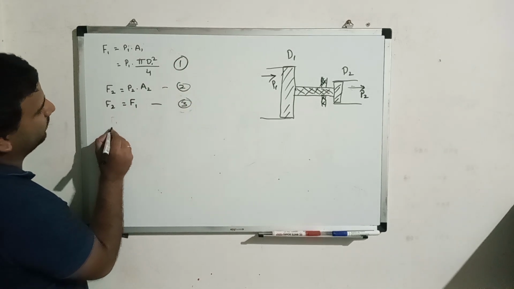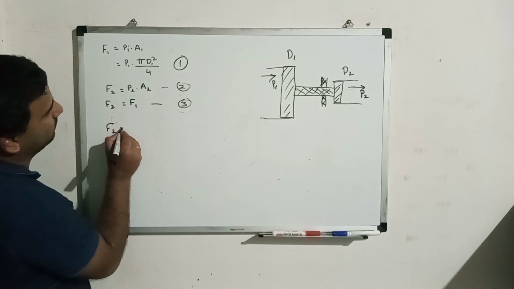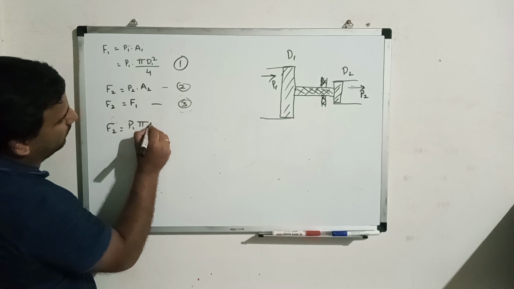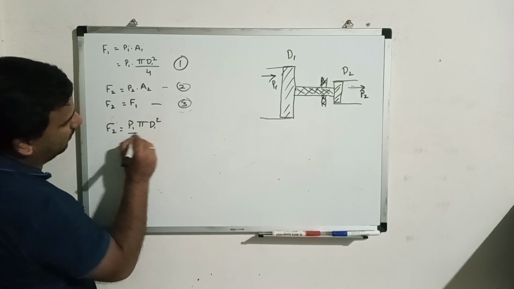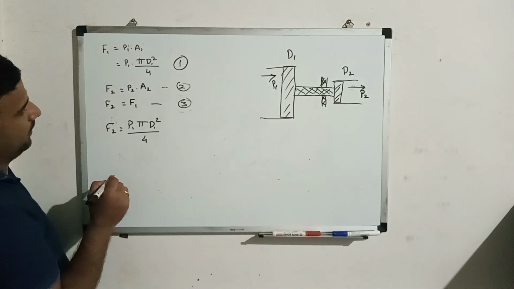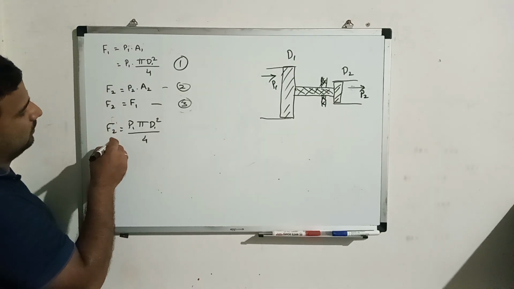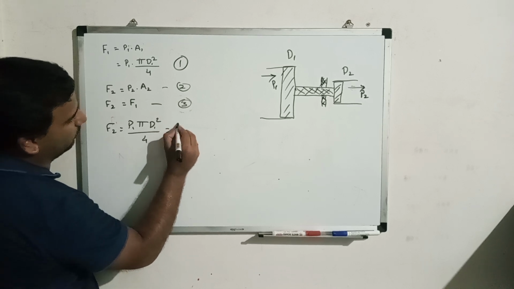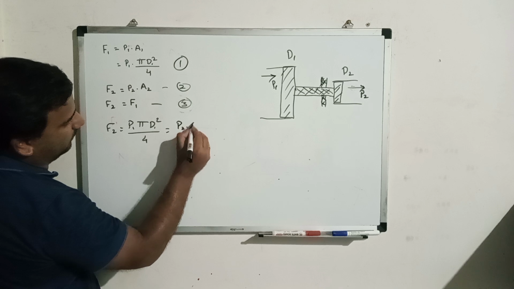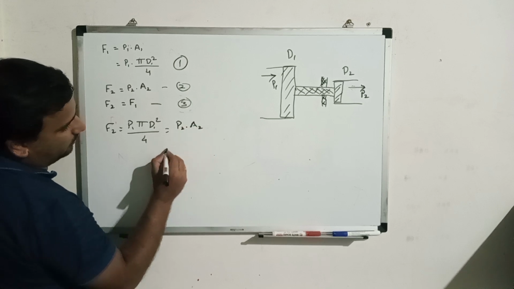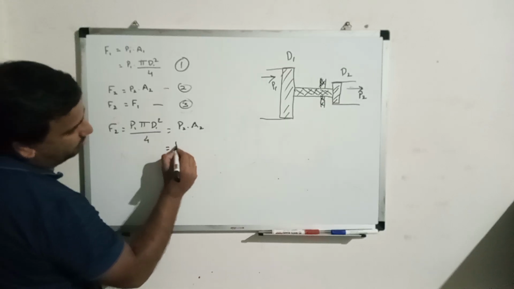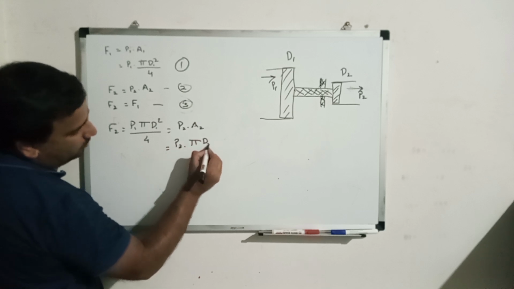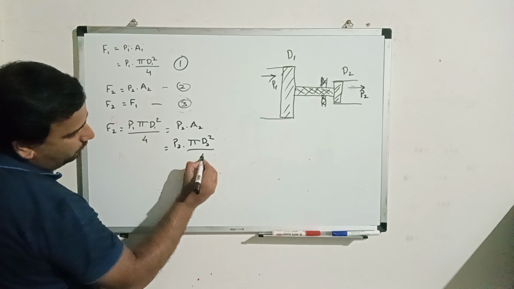So F2 is equal to P1 times pi d1 squared upon 4. Now this is equal to F1, and that is equal to P2 times A2, which is equal to P2 times pi d2 squared upon 4.